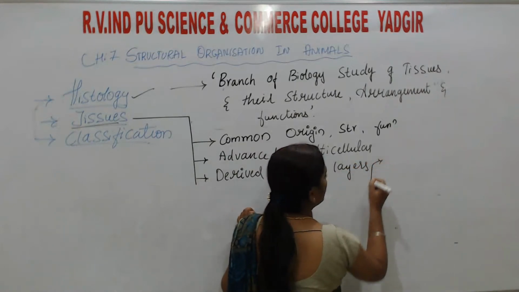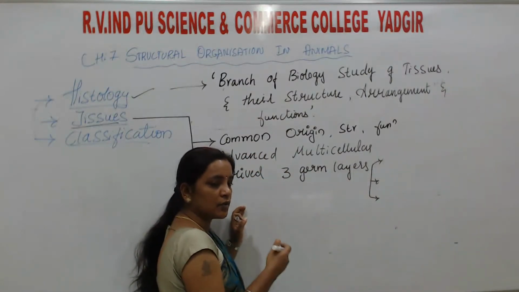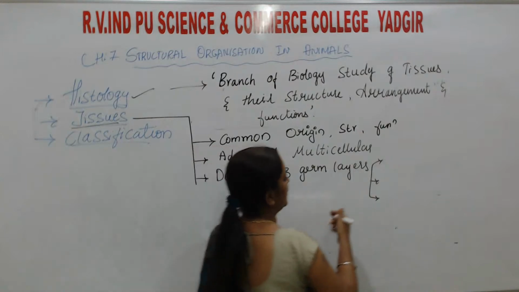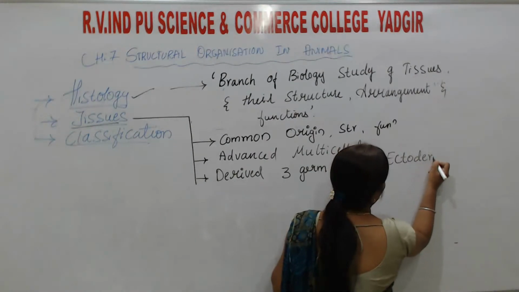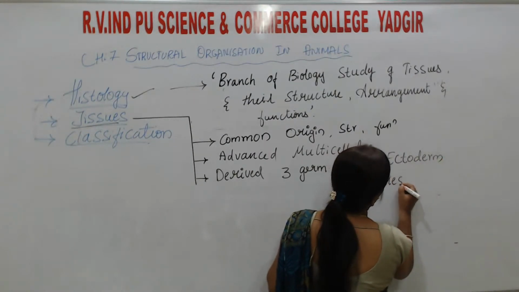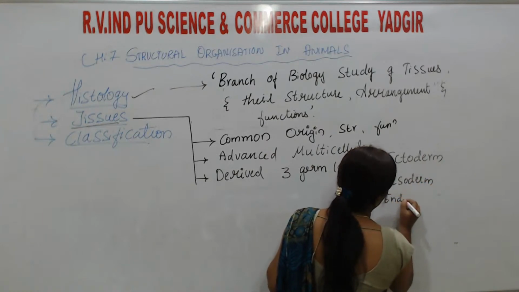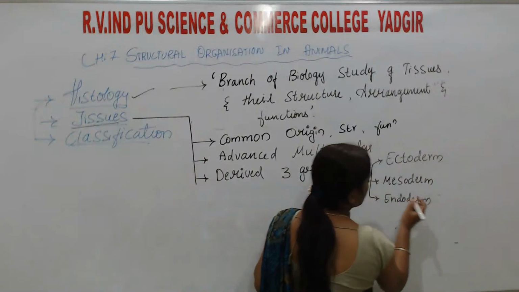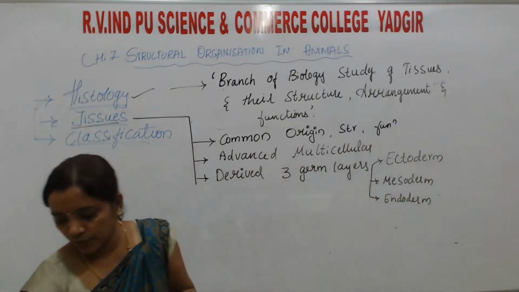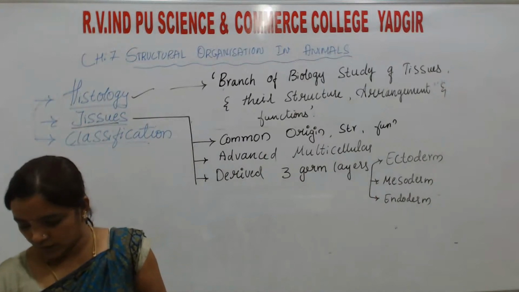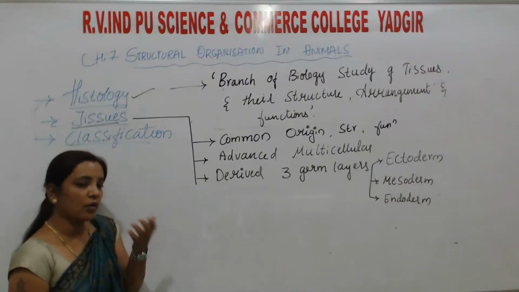In the animal kingdom, you have studied the germ layers: ectoderm, mesoderm, as well as endoderm. These three important germ layers give rise to the different tissues and different organs.